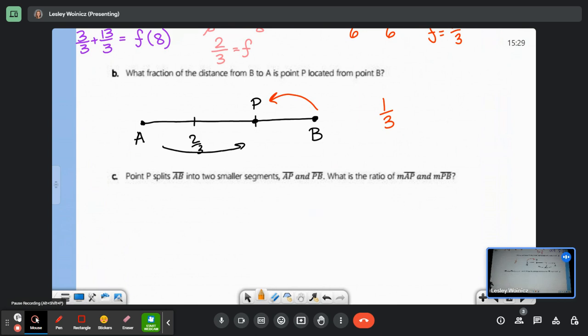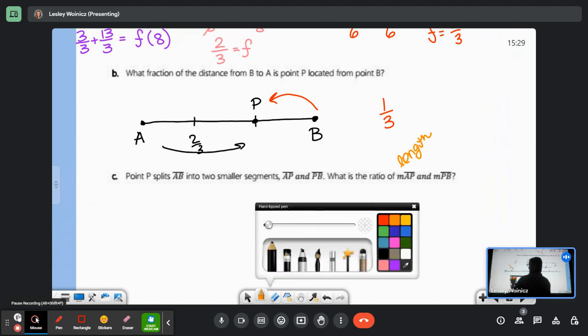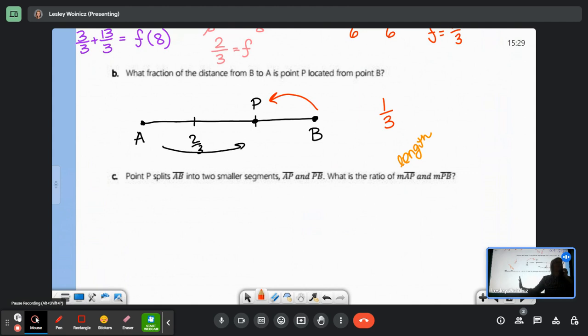What is the ratio of the measure or the length of AP and the length of PB? Okay, the order matters. So if I say of AP to PB, then I have to put them in the right order.